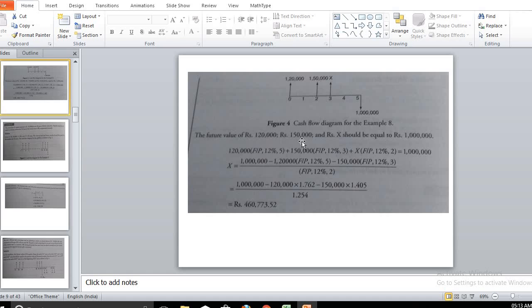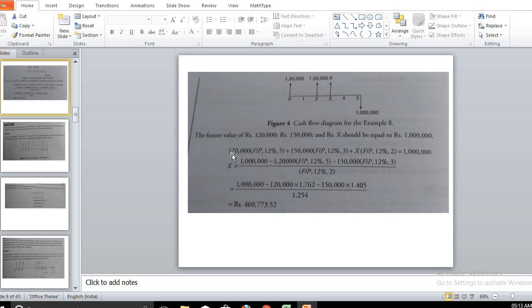The future value of rupees 1,20,000, 1,50,000 and X should be equal to 10 lakh. How can you calculate this?